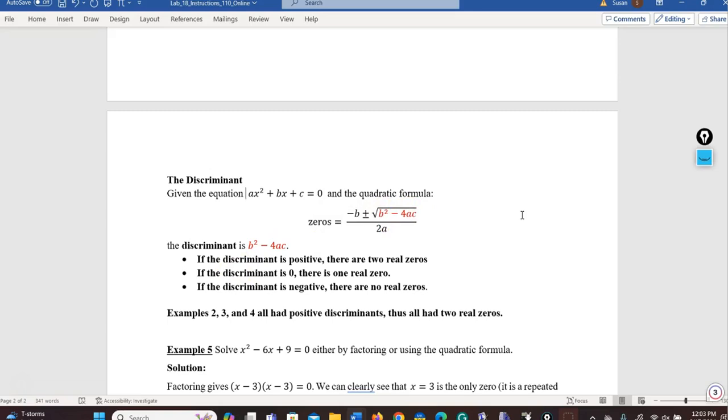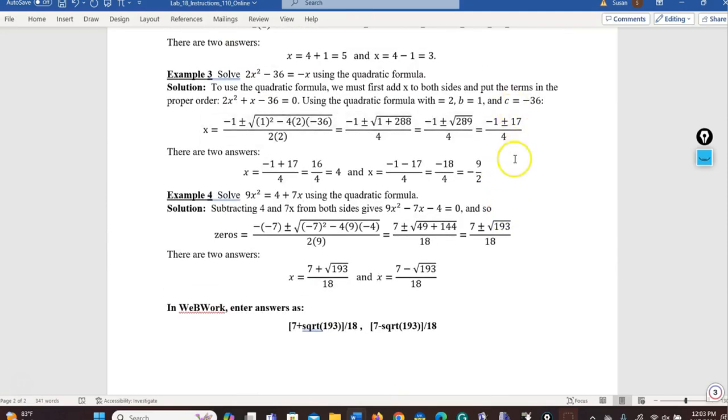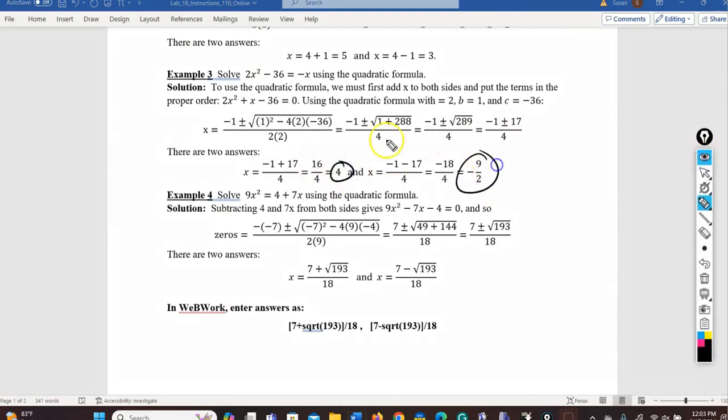So if the discriminant is a positive number, you will have two real zeros, which is what we've been having in these examples. We've had two real zeros. Okay, so the solution set would be 5, 3. Solution set here would be 4, negative 9 halves, etc., etc.